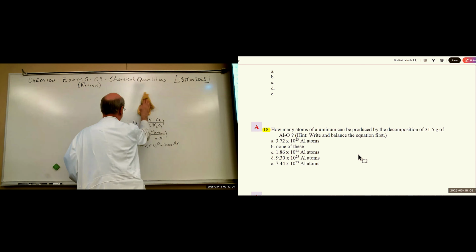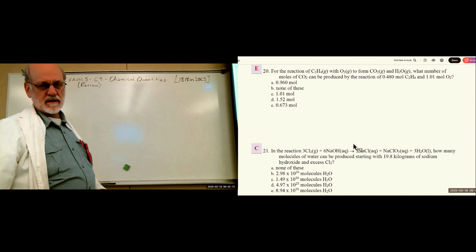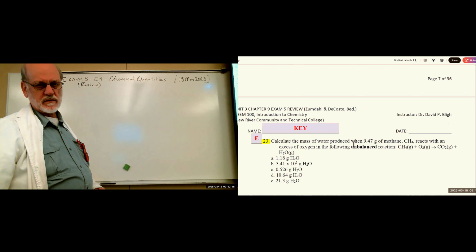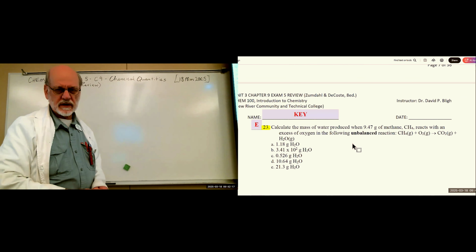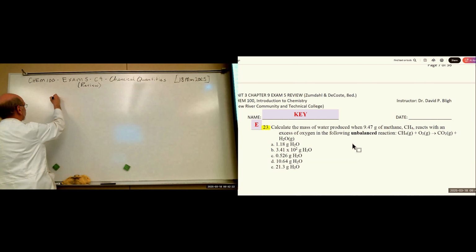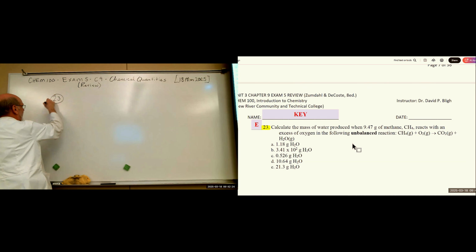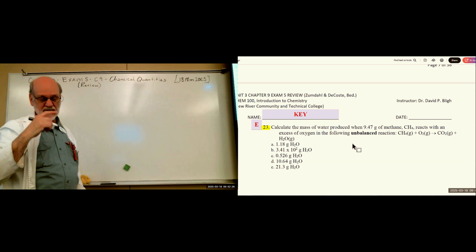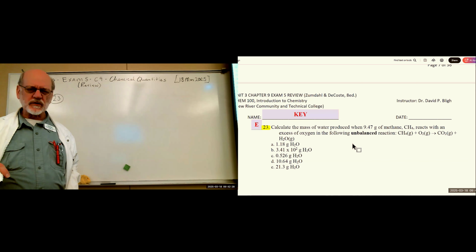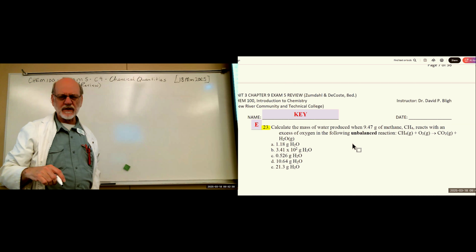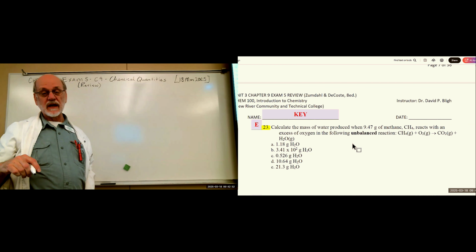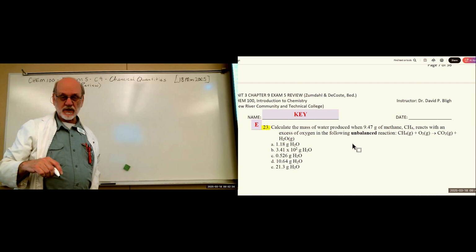All right, that's 18. I'm gonna skip a few, repetition. Go down to 23. Calculate the mass of water produced when 9.47 grams of methane reacts with an excess of oxygen in the following unbalanced equation.